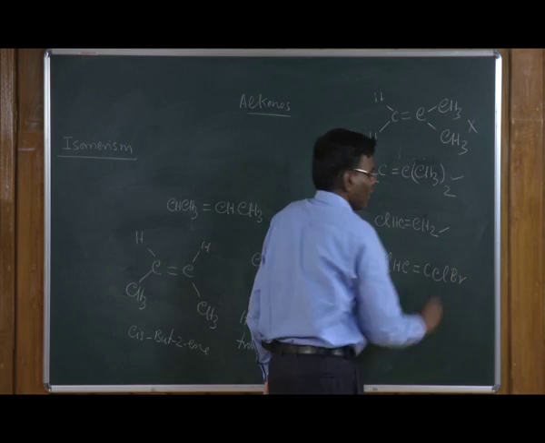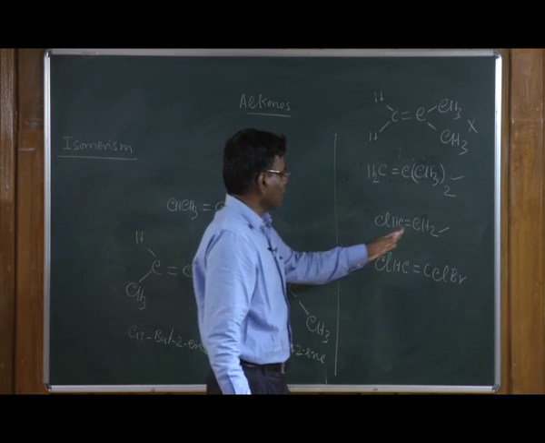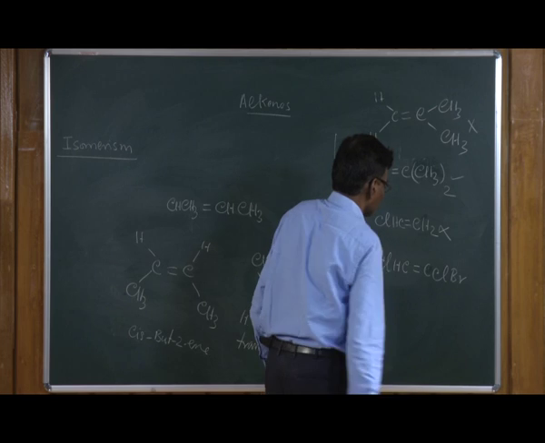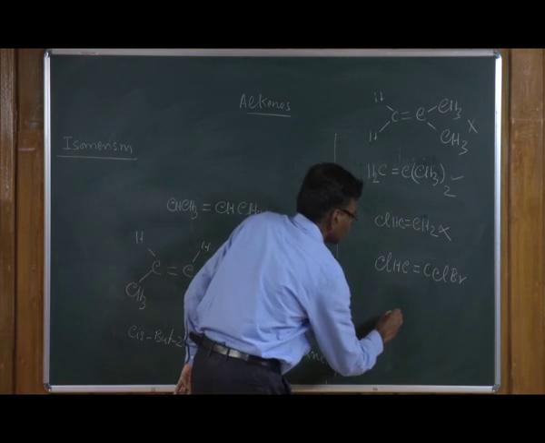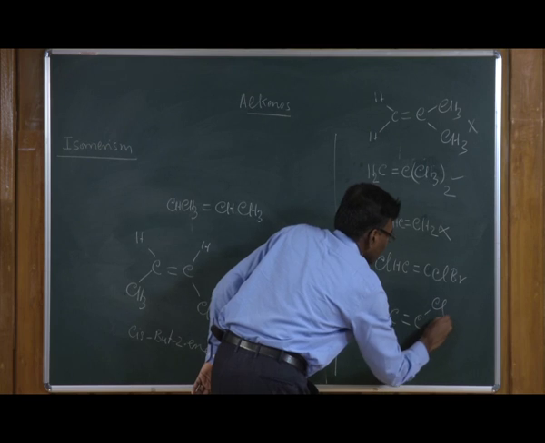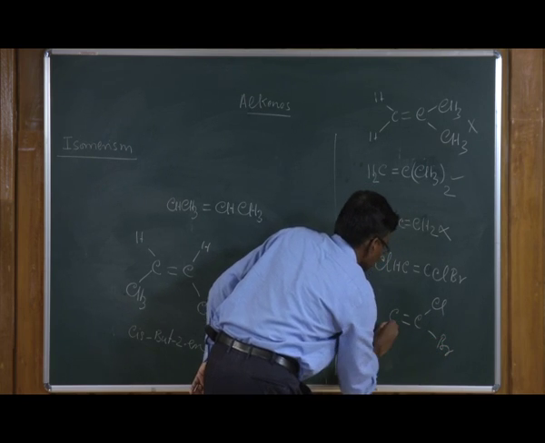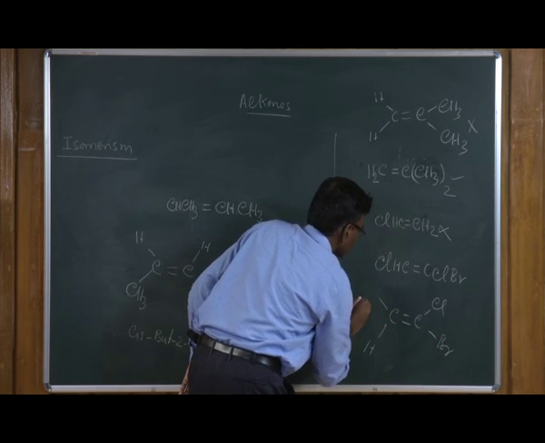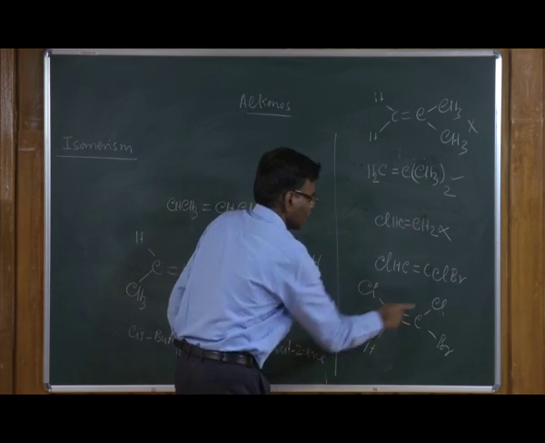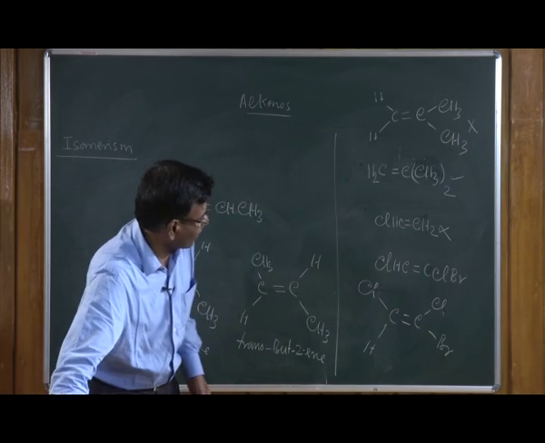This also, if you look at it, both have the hydrogen atom, so it cannot exist as geometrical isomers. However, in this case, so this is cis, and you can also have another form.